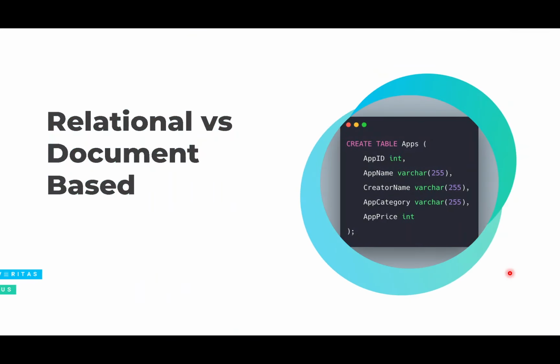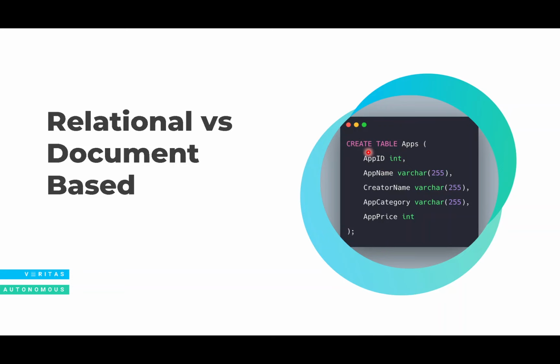Again, the difference is one is relational, the other one is document based. Relational means the table is there, we have the relations, these are the columns and everything is fixed. On the other side, the NoSQL side, it's documents. Here in the picture you can see, when we are creating a MySQL table or a relational table, you need to create the table first.